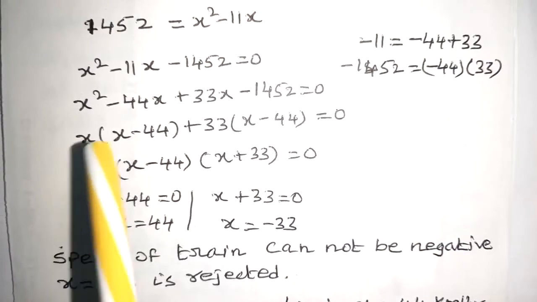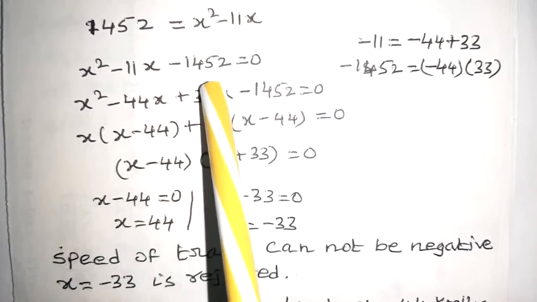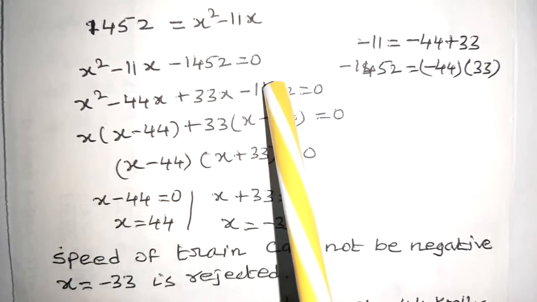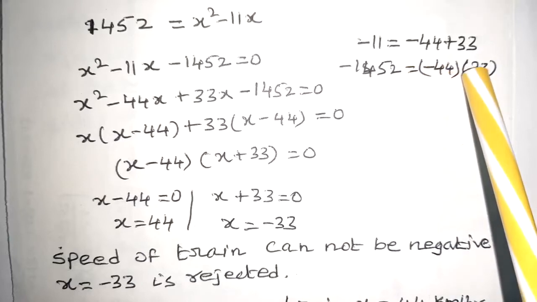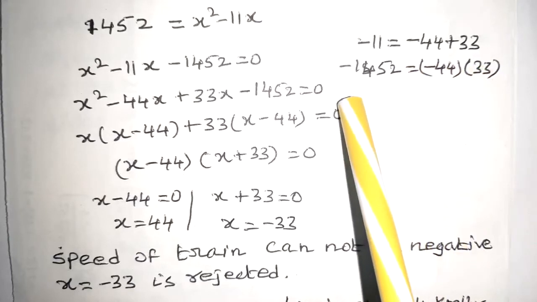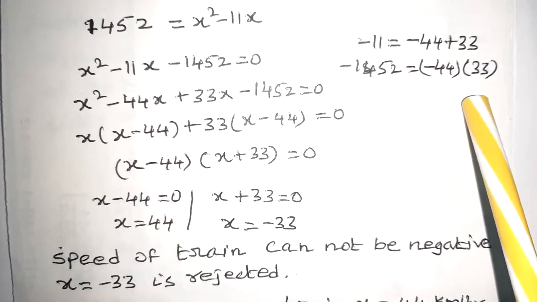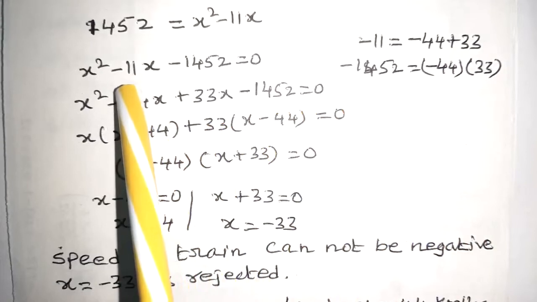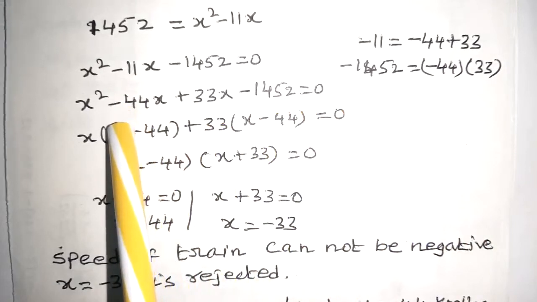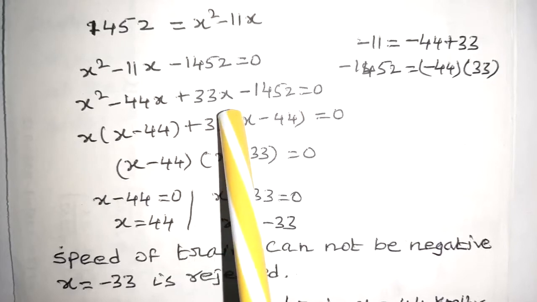X square minus 11x minus 1452 equal to 0. Minus 11 is written as the sum of minus 44 plus 33. Minus 1452 is written as the product of minus 44 and 33.